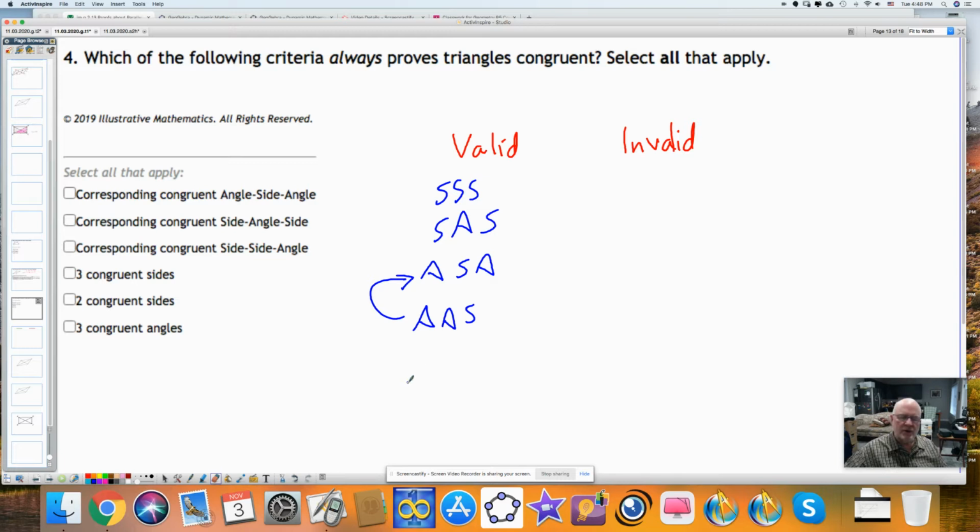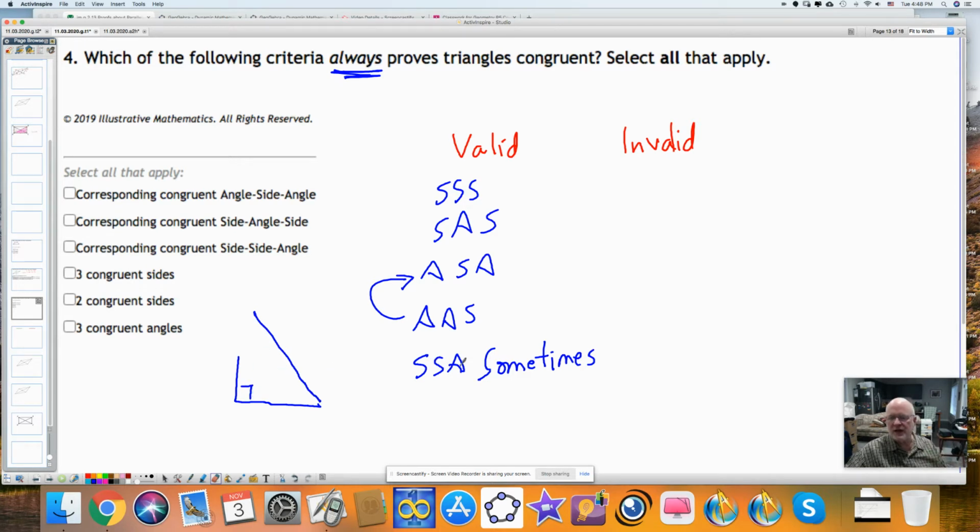And then there's one that is sometimes true, and that's our side, side, angle, sometimes. It is not always true. So this one would not be valid because it has to always prove it, but it is sometimes true. What are the conditions for it to be true? If it's a right angle that is given, and I'm giving you 2 sides, well, the right angle will always form one triangle.